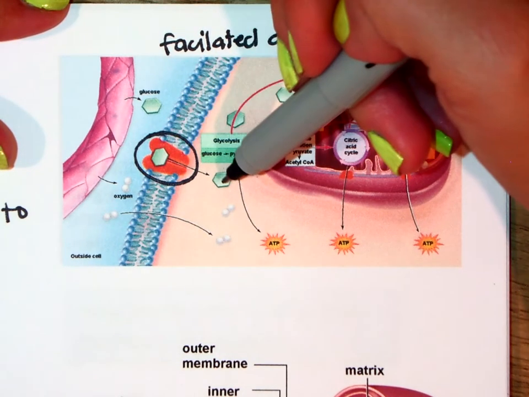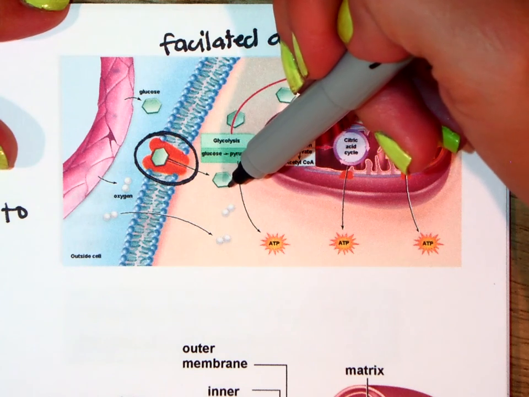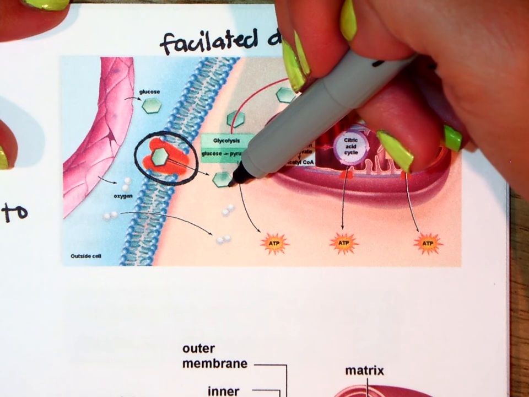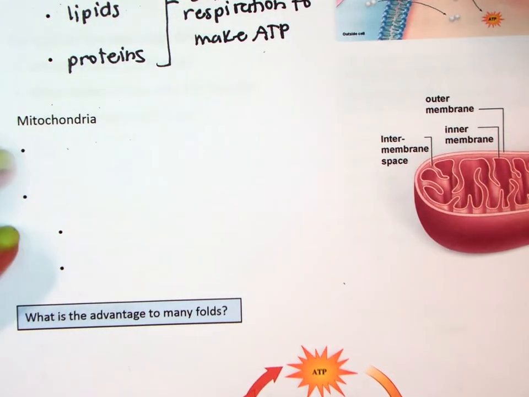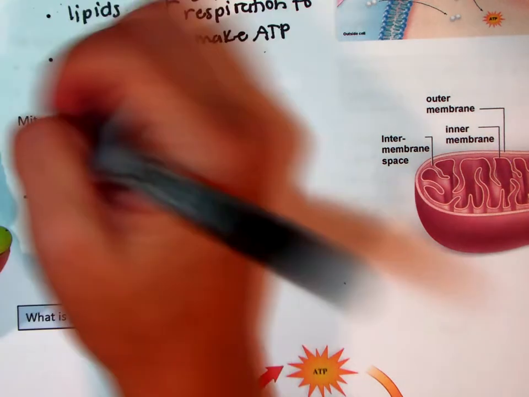So now, we've got glucose inside of the cell. Now we're ready to begin the process to make ATP. Alright, mitochondria. This is the classic definition. It's the powerhouse of the cell.